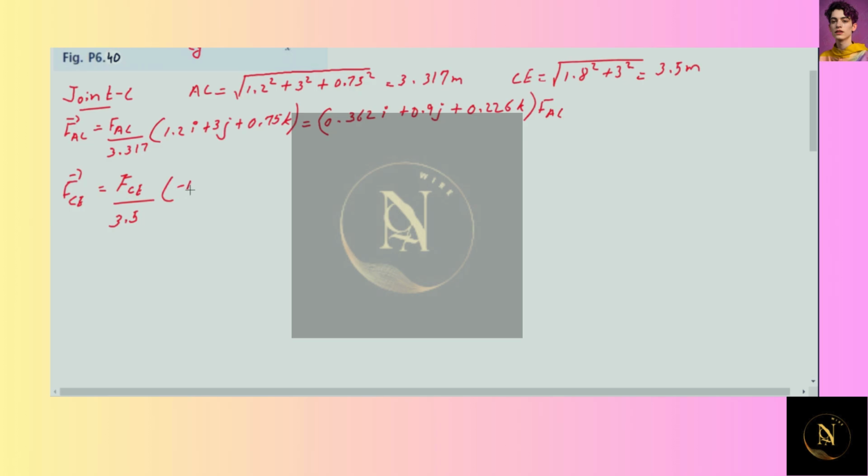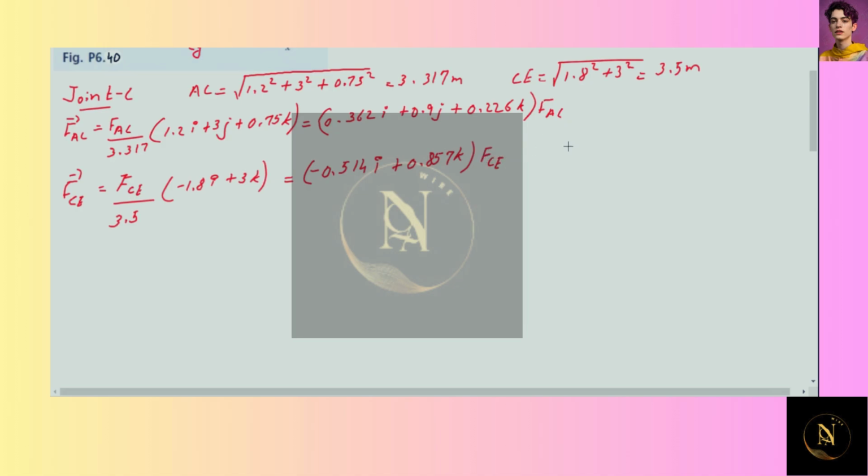Vector CE will be minus 1.8 I plus 3 K. So dividing this gives you minus 0.514 I plus 0.857 K times FCE.